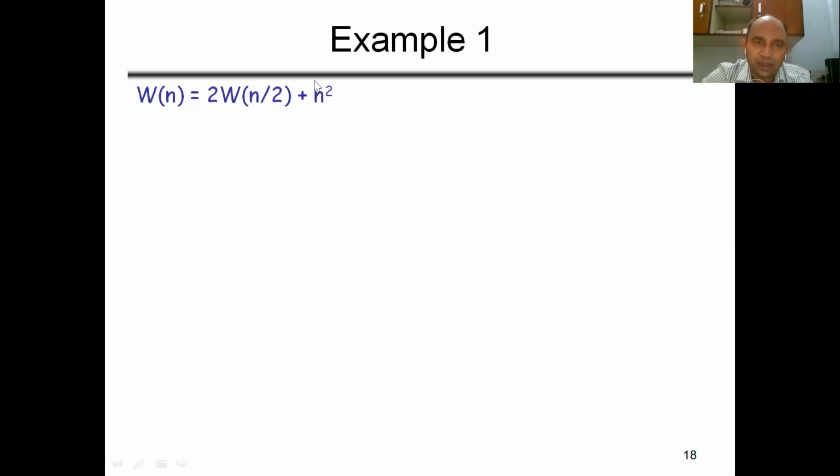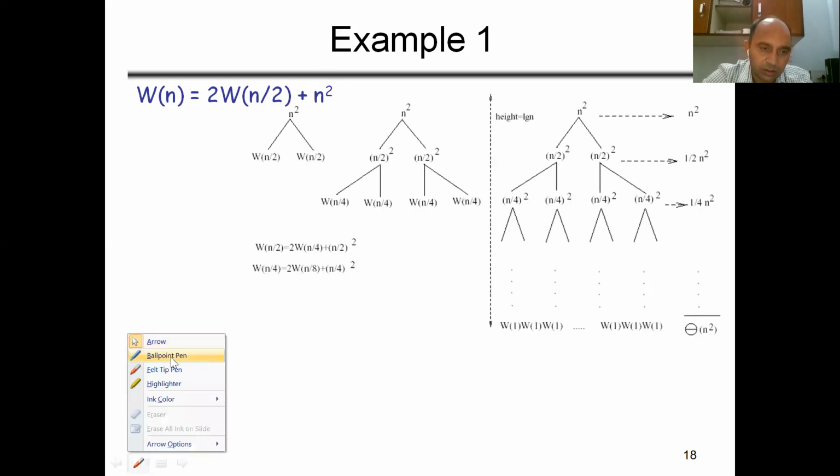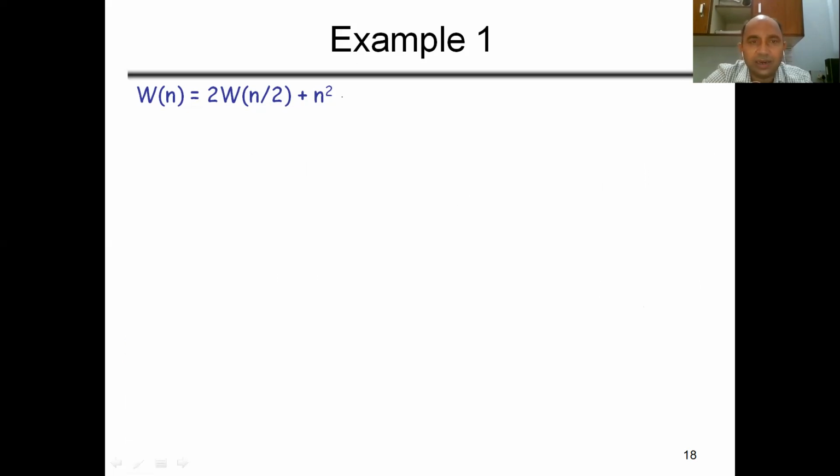After having this relation, I can understand that n square is my root cost, and this is my recursive call.